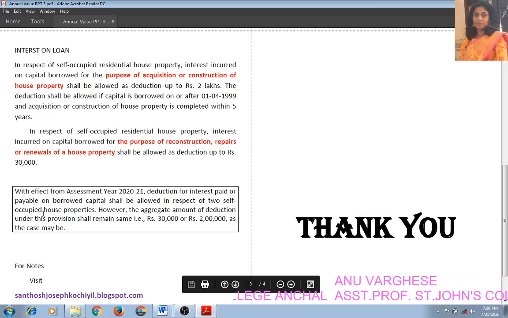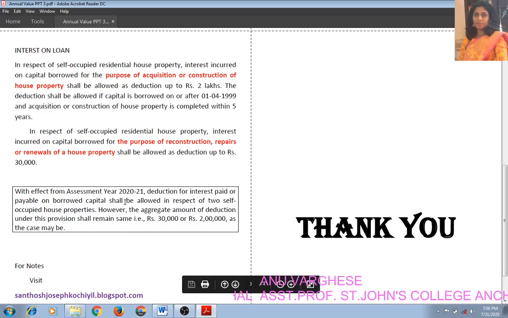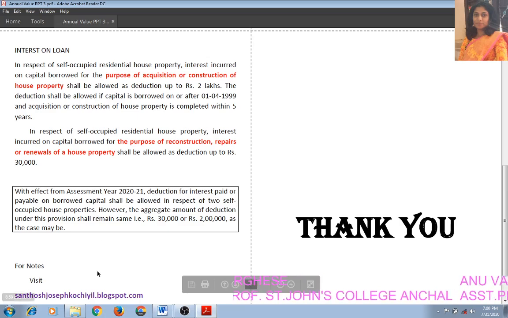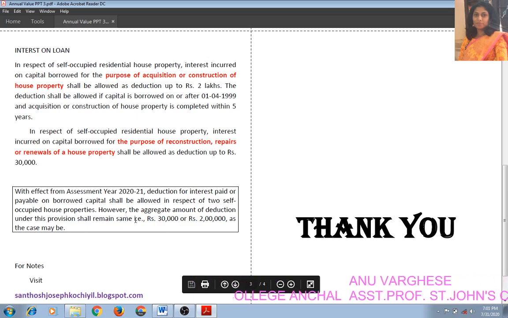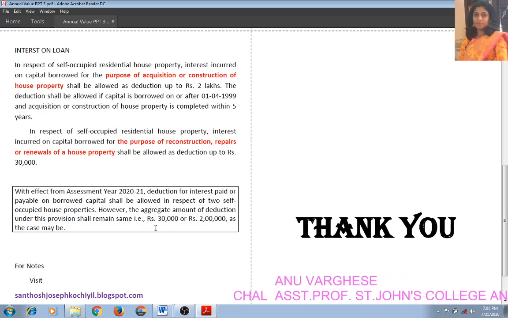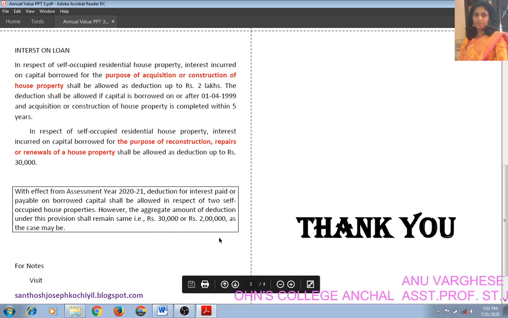So assessee can have 2 self-occupied house properties, and if there are more than 2, the other house property shall be deemed to be let out house property. However, the aggregate amount of deduction under this provision shall remain same, that is 30,000 or 2 lakhs as the case may be. 30,000 for reconstruction, repair or renewal, and 2 lakh for acquisition or construction of house property.